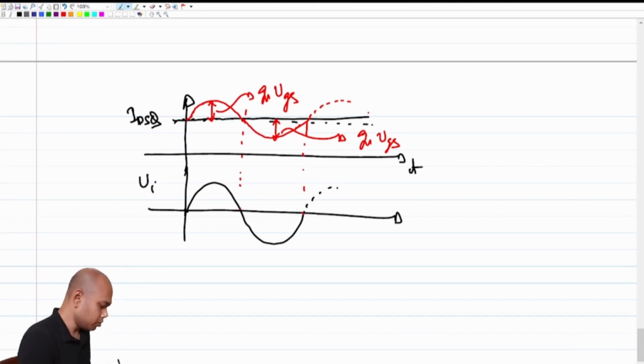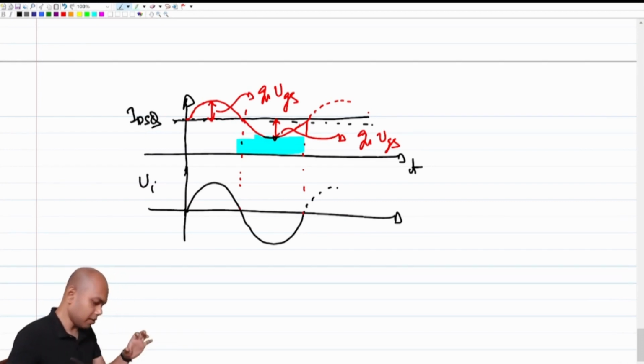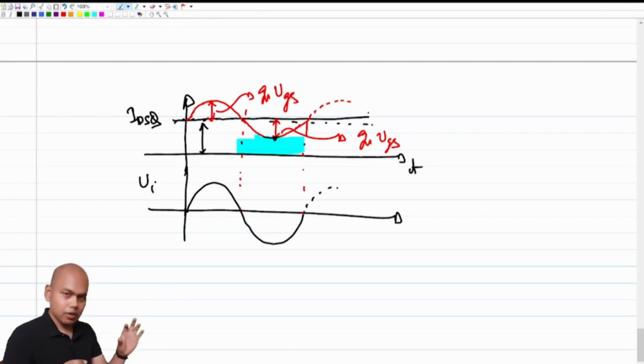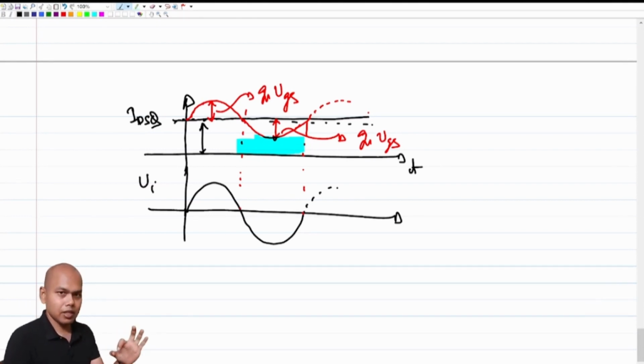Now, what do you think? Do you see a problematic situation arising? Just look at this margin that I have when the current is going towards the negative cycle. The margin that you started off with was IDSQ, but the margin is shrinking as the current is lowering, in the negative half cycle of Vi. And how much can that margin shrink?